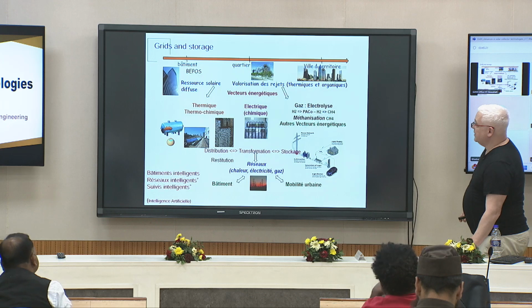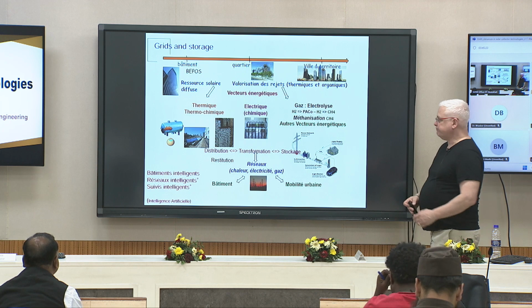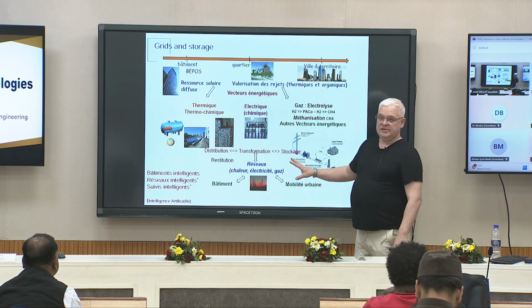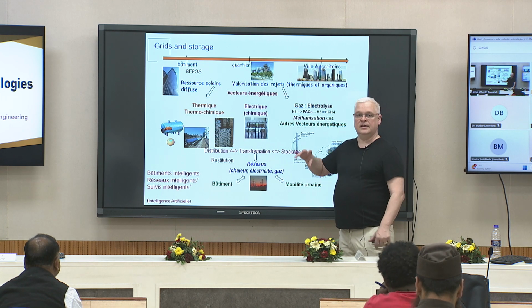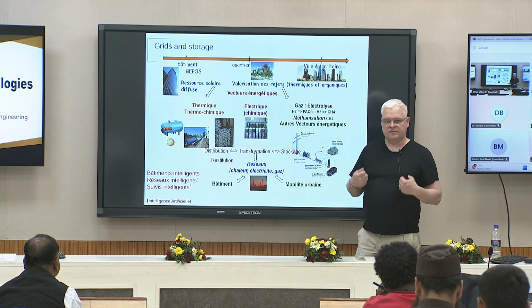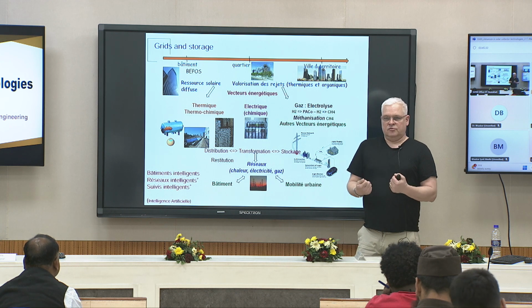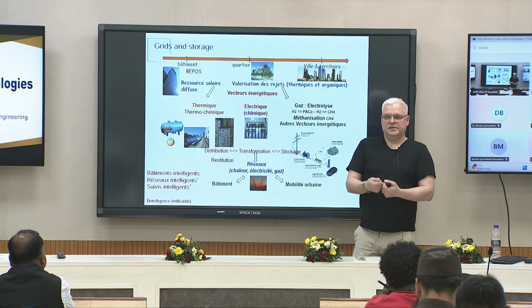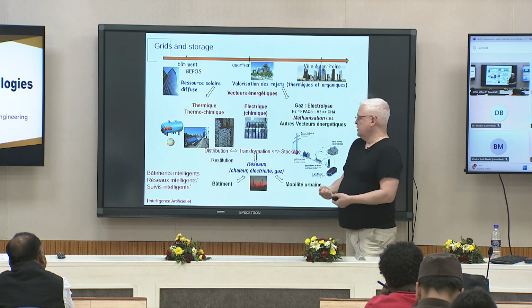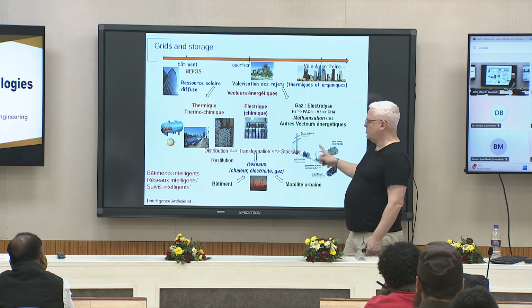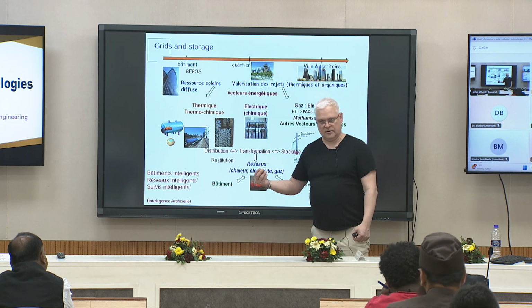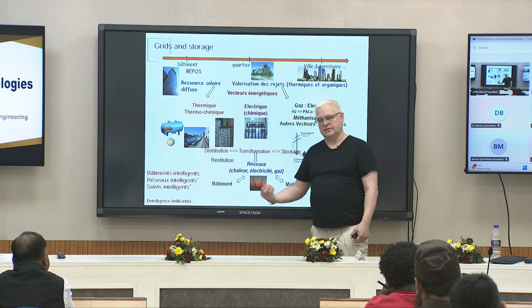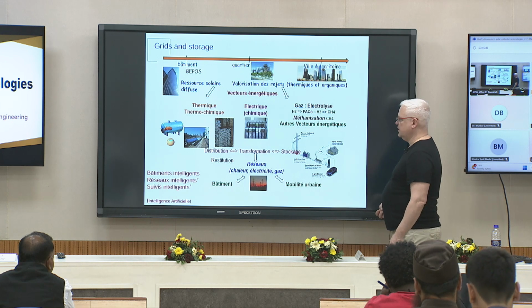A short thing regarding the grid. Storage is essential in the coupling with the grid, in order to optimize the flexibility. Storage could be for thermal energy, could be for electrical energy. For electrical energy, we try to couple the storage with electrical vehicles, to use electrical vehicles to store the electrical energy.